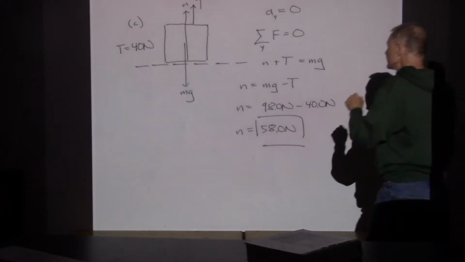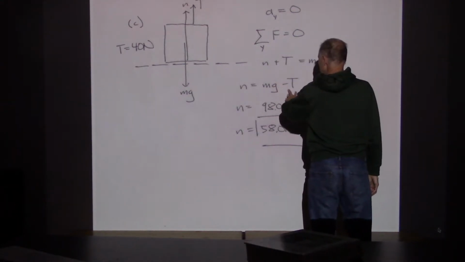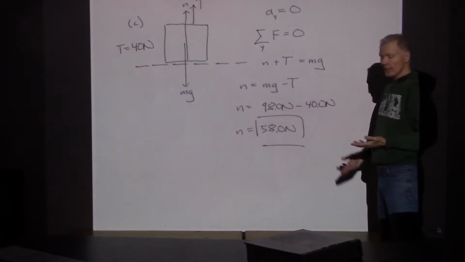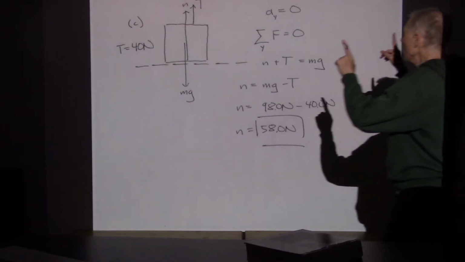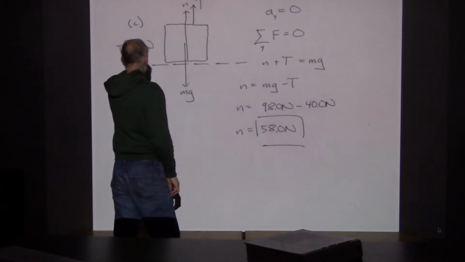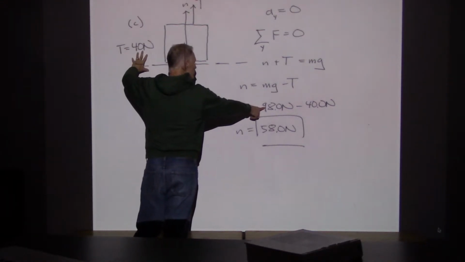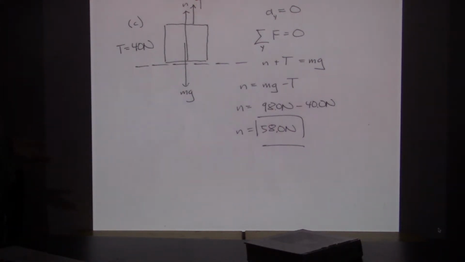I'm specifically interested in solving for N, so that's mg minus T, which gives us 98 minus 40, so the normal force is 58, and that tells me that yes, it will stay on the table. Lifting upwards with 40 newtons will not be enough to offset the 98 newtons from gravity. So at 40 newtons of lift, the normal force will be reduced, but it's not going to go away. It's going to stay in contact.